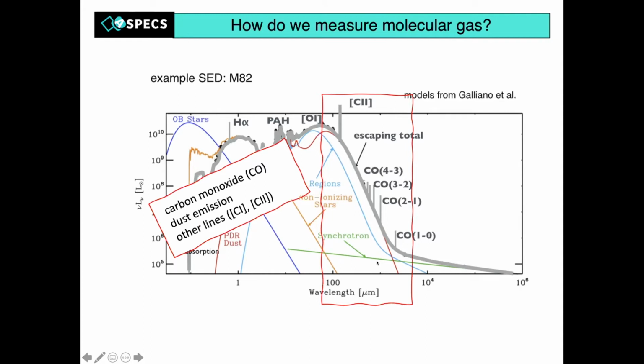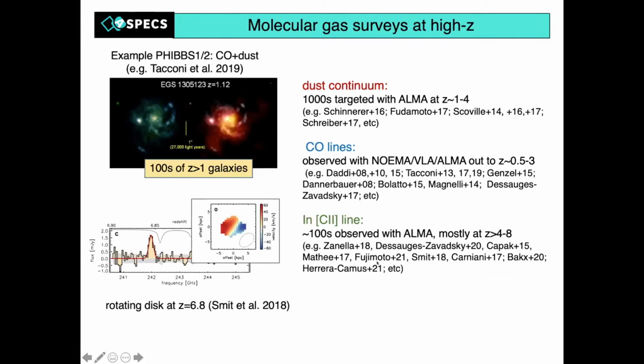In particular, the CO lines, dust emission in the Rayleigh-Jeans regime, but also some other lines like CI and CII are key for understanding and have been used so far. This is why many galaxy surveys of molecular gas and dust at high redshift have been performed over the last decade, leading to dozens of papers that we will not try to summarize here.